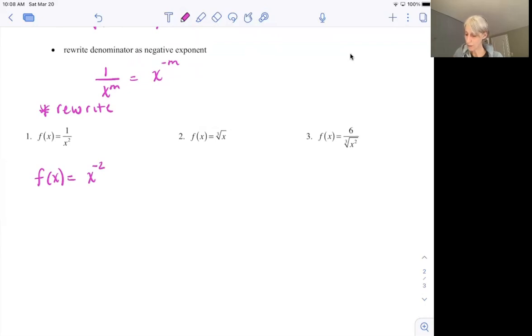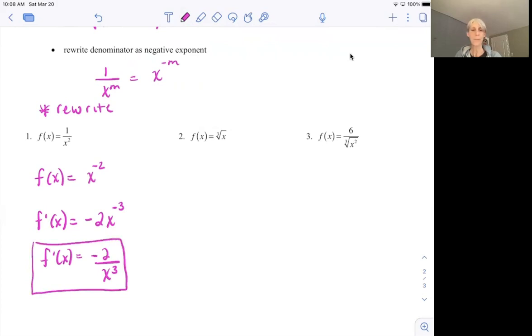Now I can take the derivative. So be careful of your notation. This is my derivative step. Negative 2x to the negative 3rd power. If the instructions say to rewrite it with a positive power, you're going to go one more step, flip the variable, change the sign of the exponent.